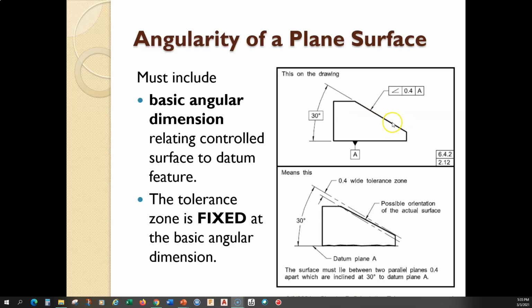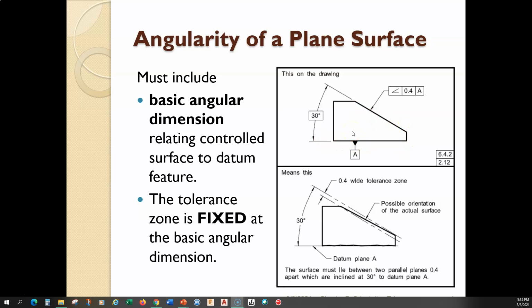And what we want to do is control the angular orientation of this surface relative to datum A. So we can point to that surface with our feature control frame, and we include the angularity symbol. The tolerance in this case is 0.4 of a millimeter, and it's relative to A. So we want to control the angle of this surface relative to A.